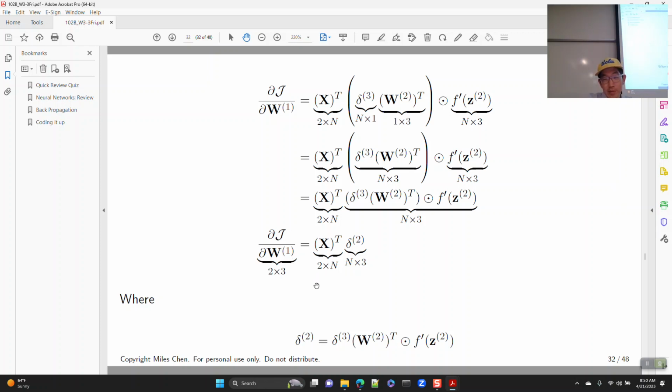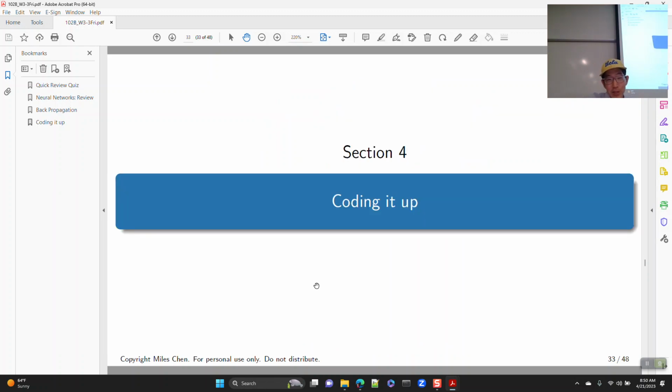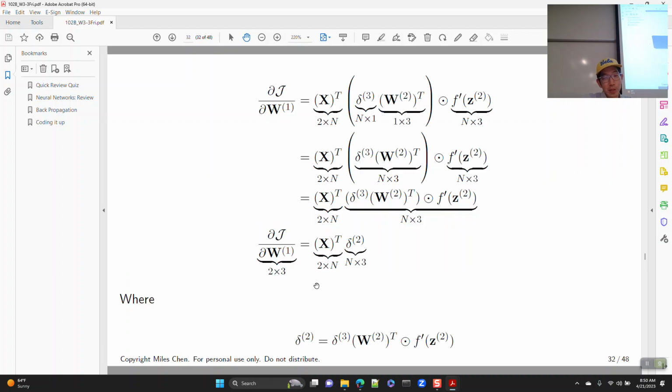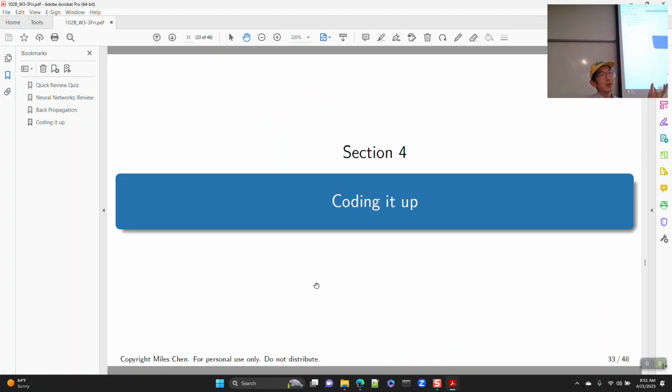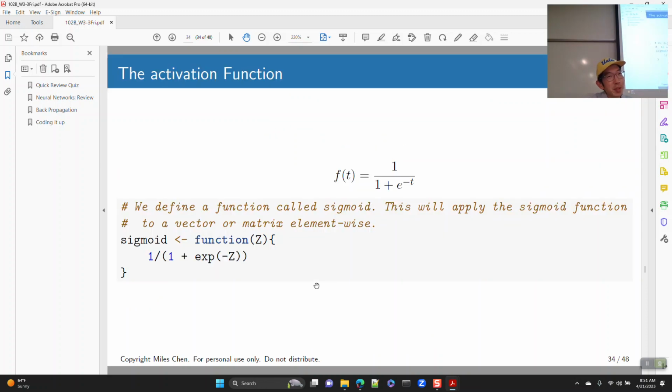Okay, it was kind of a lot. Hopefully you can work through this. And then the next part is, okay, we've done all of this work. This was the hard part. And now we have to turn this all into code that our computer can work with, right? But coding it up is actually rather straightforward, and I'm out of time.